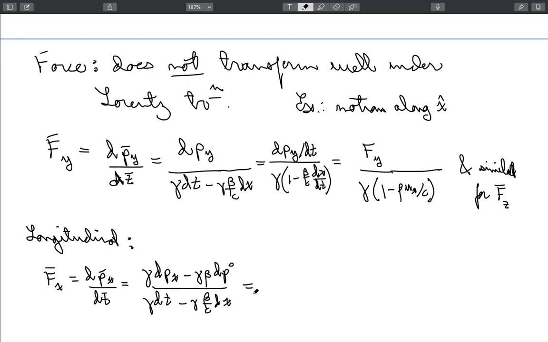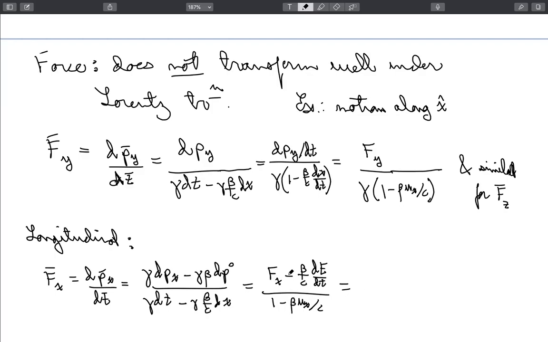All the gammas fall off, and as above, I divide by dt everywhere, so dpx/dt just becomes Fx. And now I've got (β/c) dE/dt, just by the definition of the x0. And in the denominator, similarly, just without the gamma, 1 − βux/c.